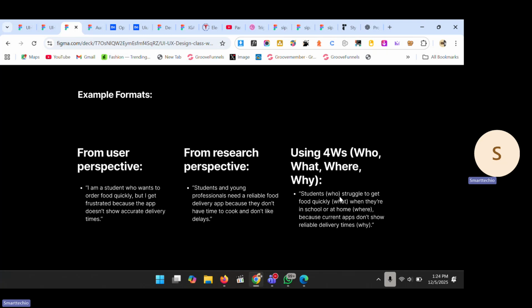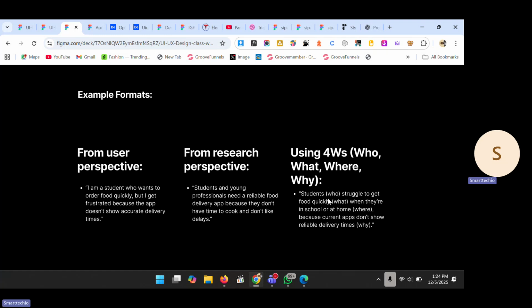Who are the people? The students. What? They struggle to get food quickly. Where? When they are in school or at home. Why? Because the current app doesn't show reliable delivery time.